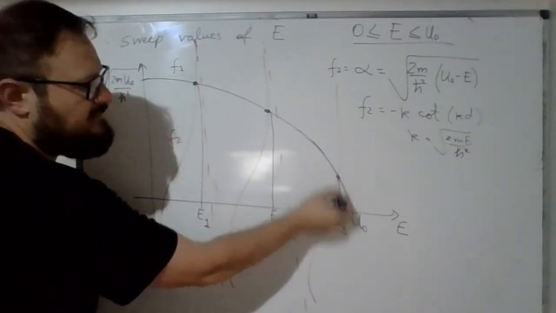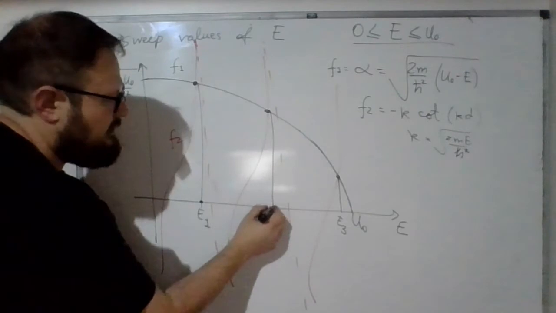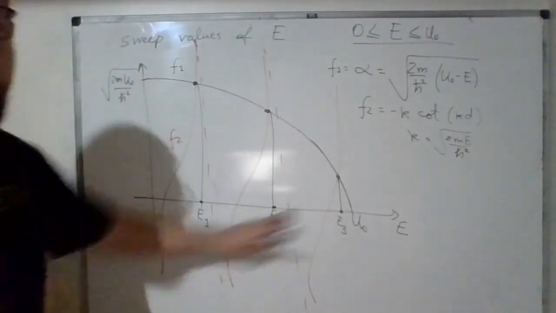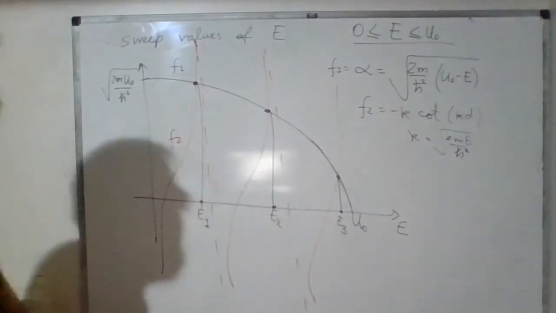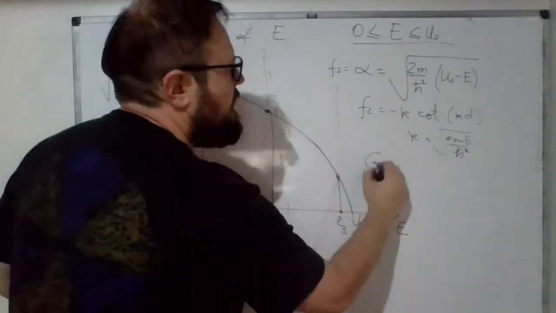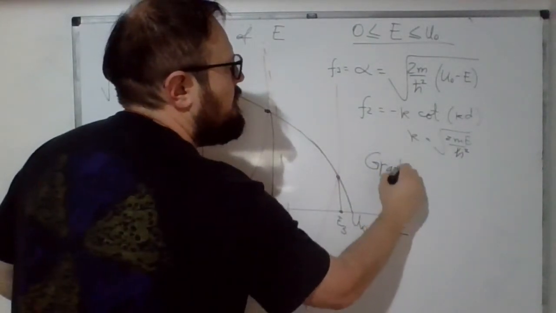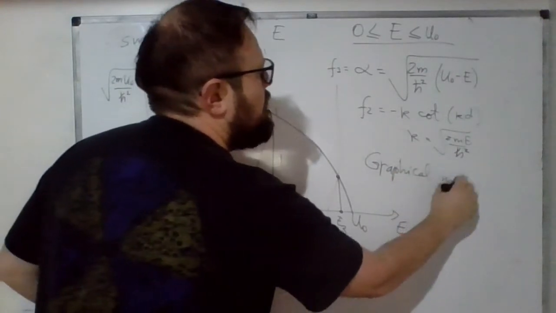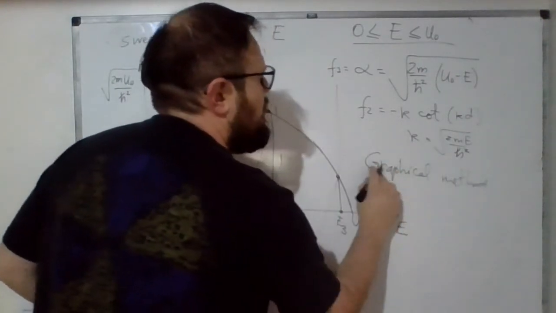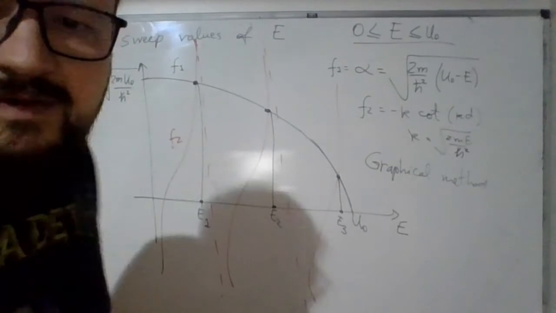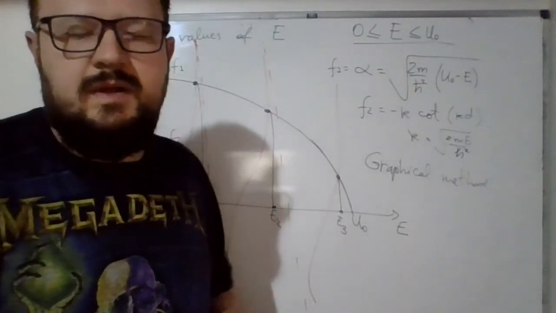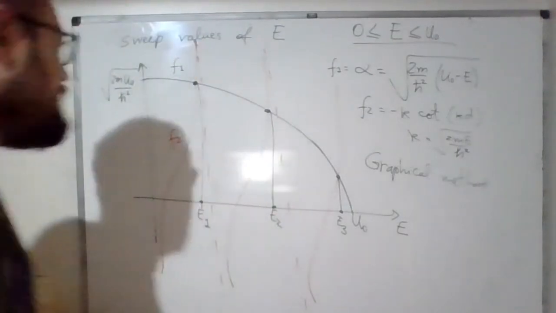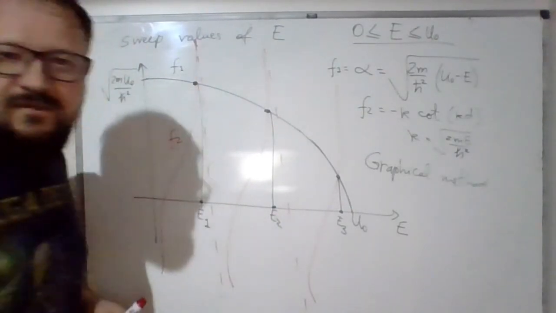And the corresponding value you'll find on the horizontal axis of this graphical method. All right, so this is a graphical method. Of course, a graphical method has an intrinsic error because you're just looking at your graph.